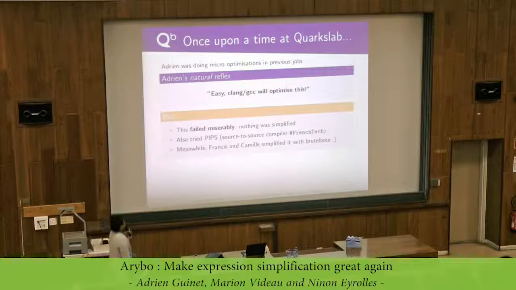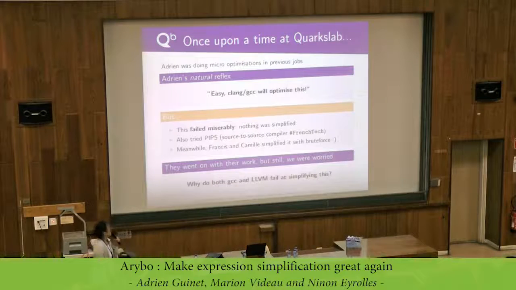Adrien also tried some kind of source-to-source compiler, and in fact, nothing worked. Meanwhile, the colleagues went on with brute force, and it worked. But after they brute forced, we still had this question: why are compilers failing to simplify that? Because it can be simplified.